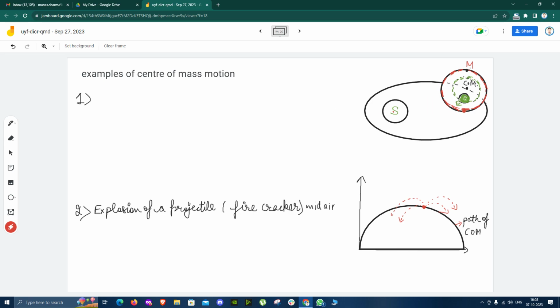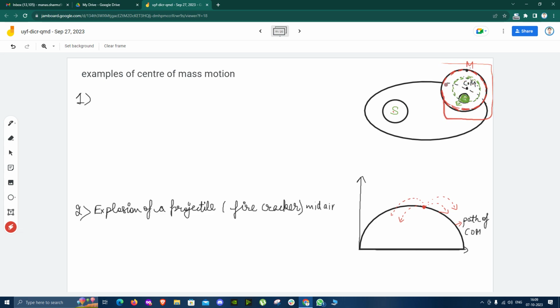And interestingly, let's say this is the center of mass, and the way Earth and Moon revolve around each other is in such a way that they are actually revolving around the center of mass. It's not that Earth is just revolving only here, but there is a motion here as well, a little bit of it, negligible.